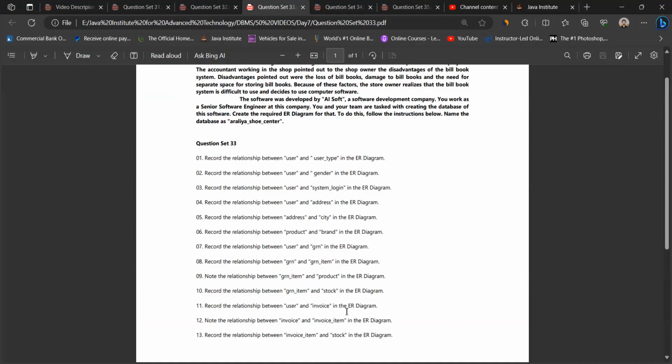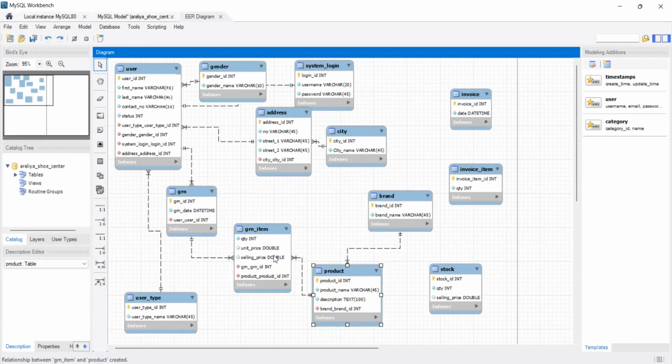The next question, record the relationship between GRN item and stock. GRN item and stock.